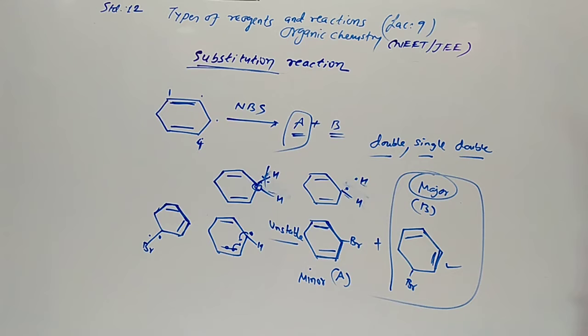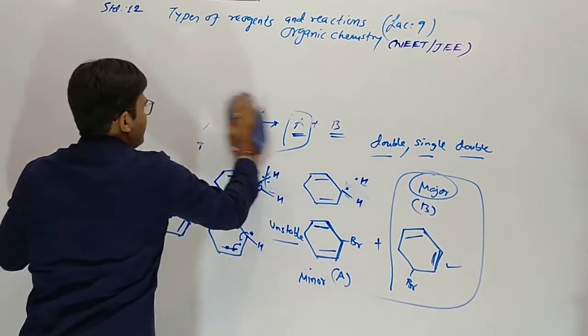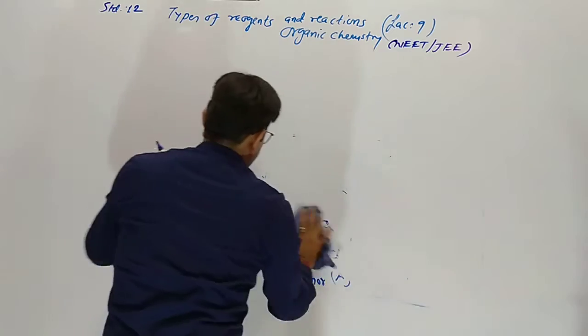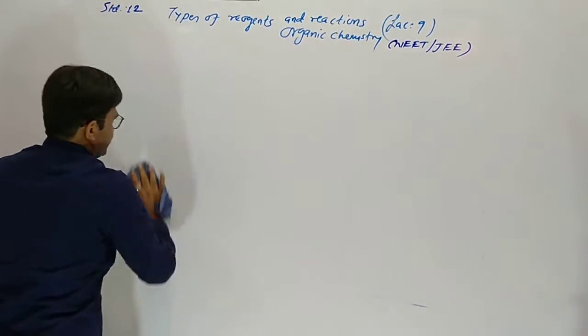Now halogenation of alkane. We are at a new point of 11th science. This point we are going to, it comes in 11th science. Yes, this one is also substitution.